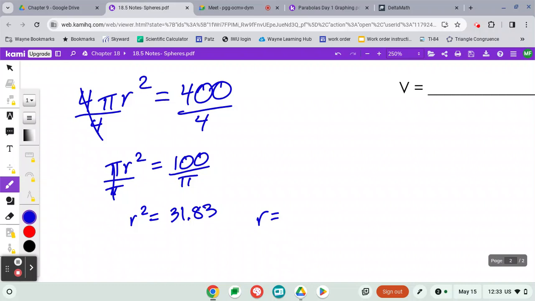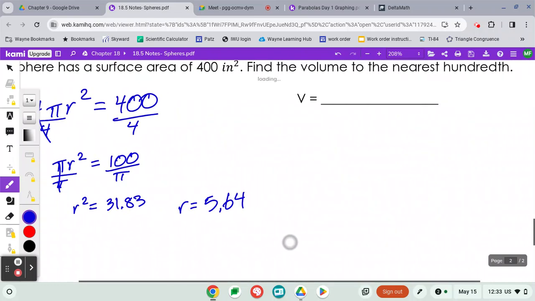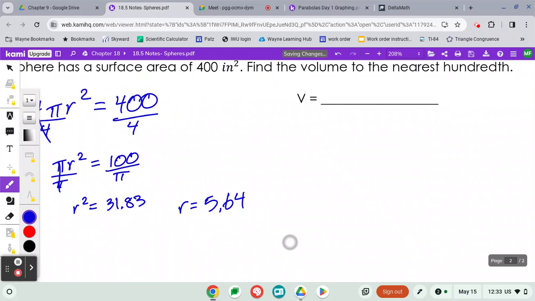So go ahead, Isaiah. What'd you get? 5.6. All right, and yep, 5.64, or it just says nearest 100 on this one, so I'll do that. Okay, and then final step, we want to plug it in, right? So 4/3 times pi times 5.64 to the third.